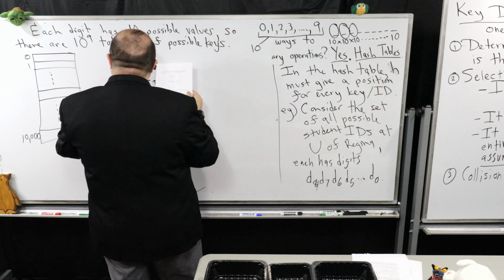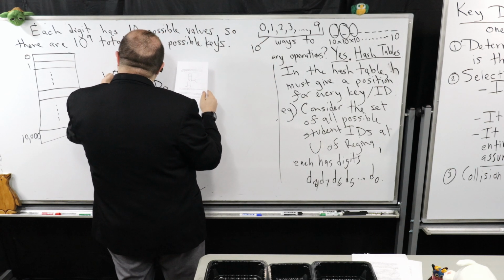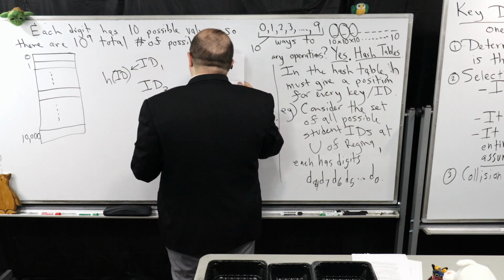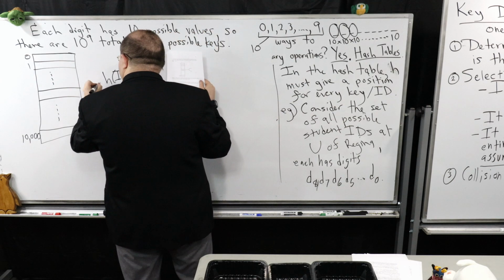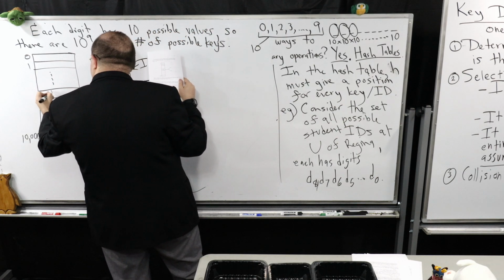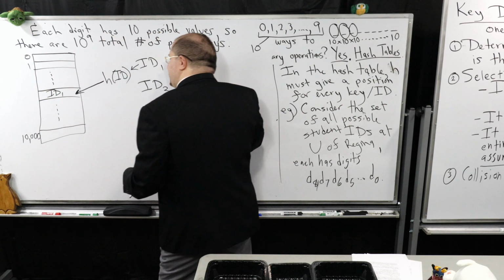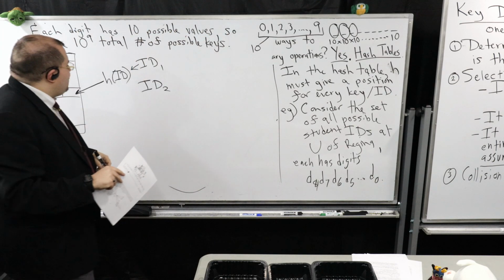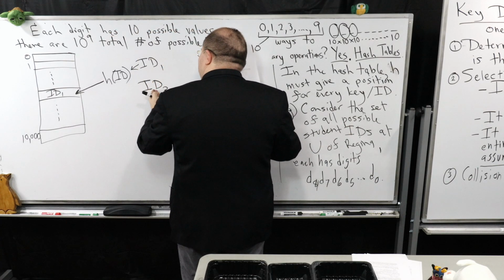So when we apply our idea, I give it some ID. Suppose I put in ID1. It gives me some location, and it tells me, okay, I'm going to put it here. So whatever record has ID1, I place it there. So what if something else comes along, say, for example, ID2?